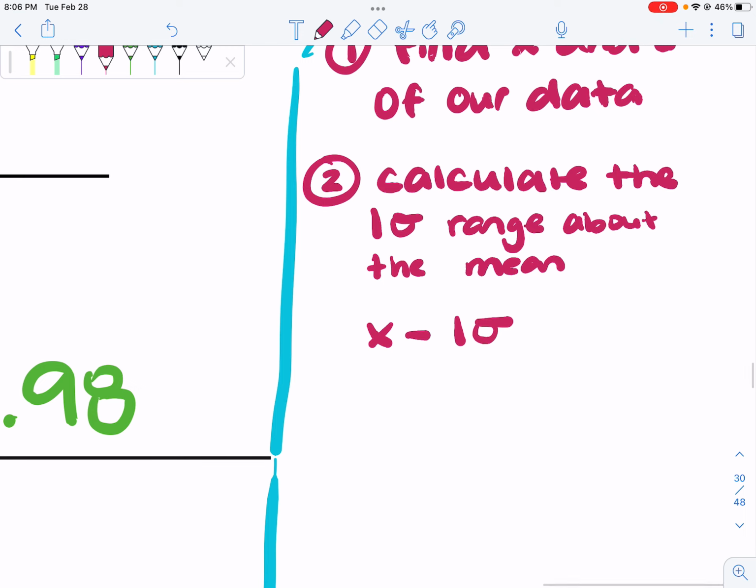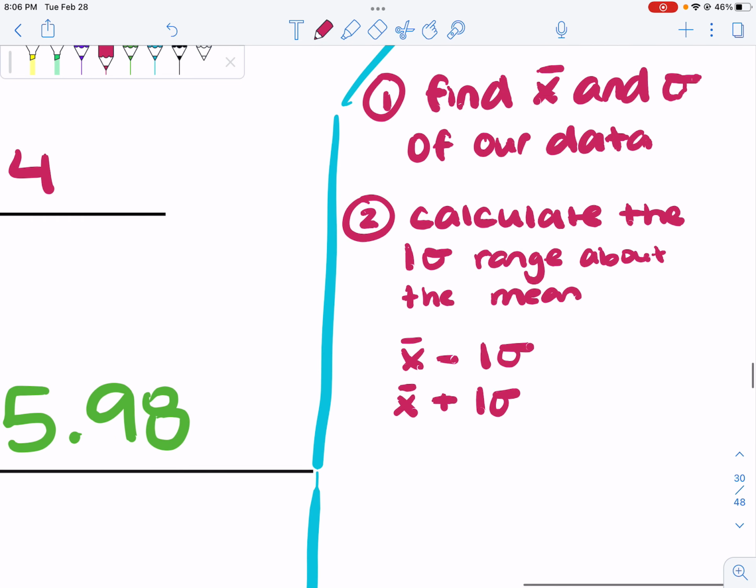That's the lower bound. And what x bar plus one standard deviation would be. That gives us that lower boundary and that upper boundary in which 68% of the data must fall between.